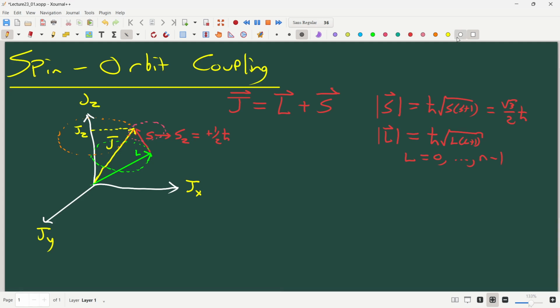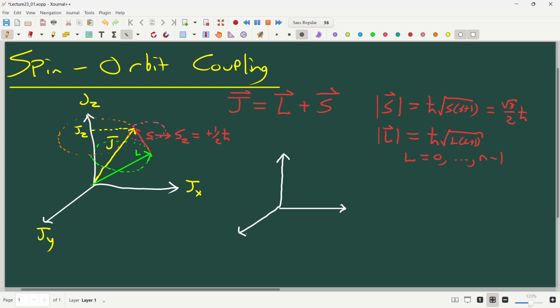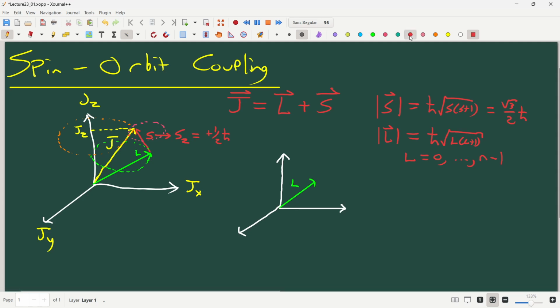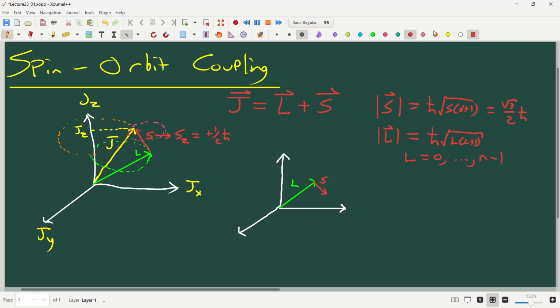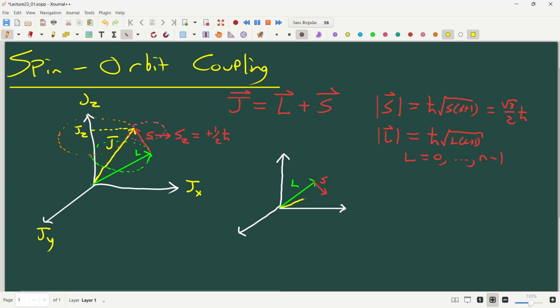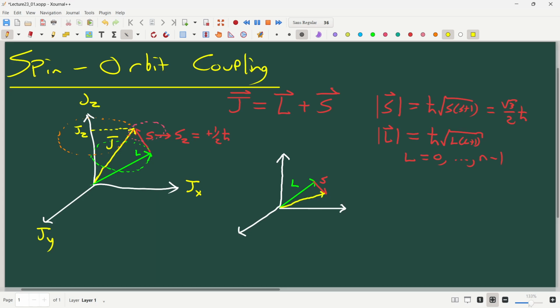But there's also an additional way to add the angular momenta along this axis, where again L is in this direction, but spin is negative 1/2, meaning that it's rotating clockwise, not counterclockwise, about the electron's axis. S would be pointing in this direction, and therefore for J you get a torque in the opposite direction, away from the z-axis.